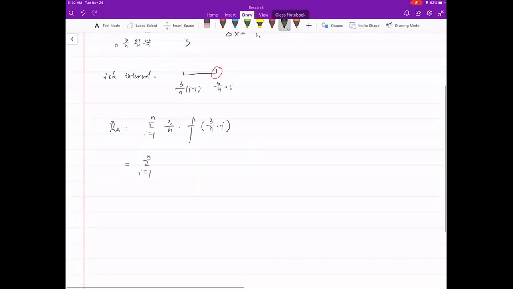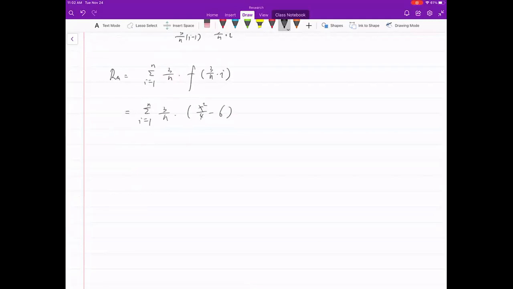Go further, times, put in the function value. Now what we want is, sorry, it's going to be 1/4 x squared minus 6.